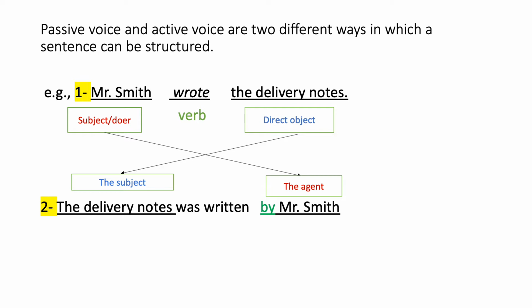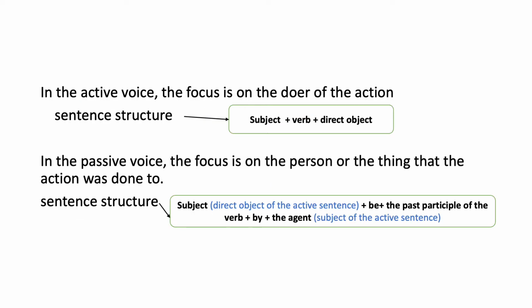We will see all the rules about how to transform your verbs from active to passive, depending on the tense of the active verb. Nice. So we move. In active voice, the focus is on the doer of the action, on the subject of the action.